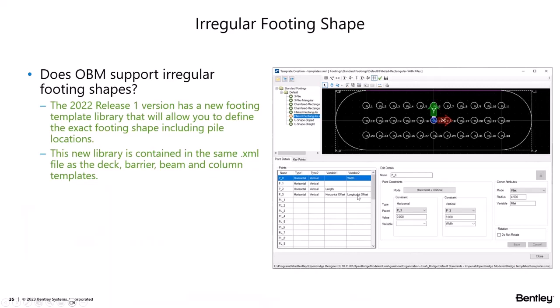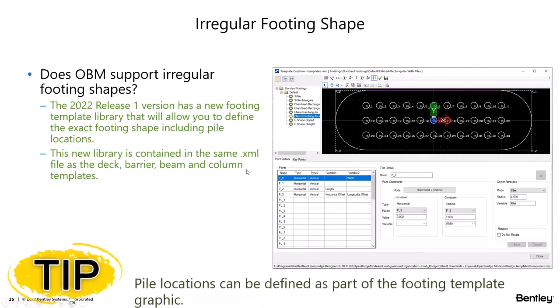You could have variables on it if you needed to, but you can also define the location of any and all piles when you create this footing shape. So again, pile locations can be defined. It just has to be a generic location.